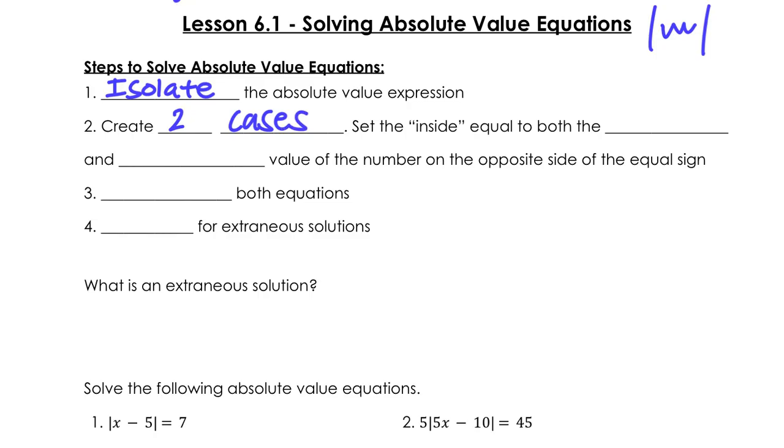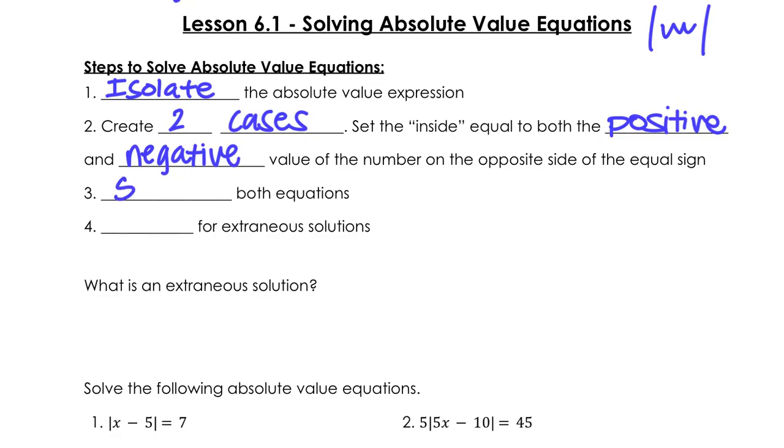We will set the absolute value equal to both the positive and the negative value of the number on the opposite side of the equal sign. So we set up two different equations, one where it's equal to a positive value, the other where it's equal to a negative value, because with absolute value, it could be positive, it could be negative. We don't really know because it's just distance, okay?